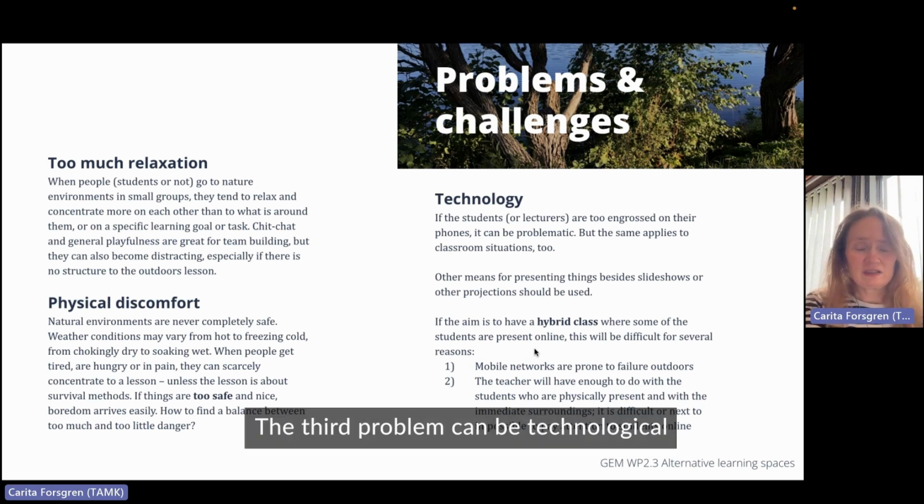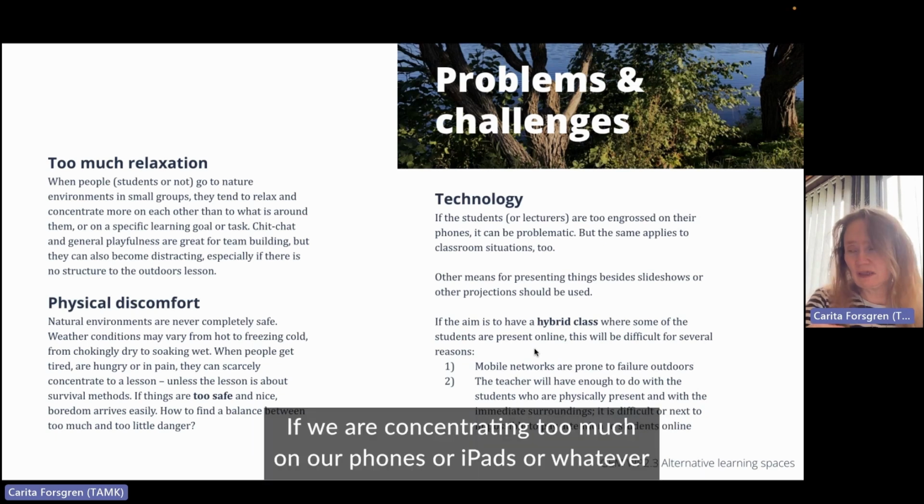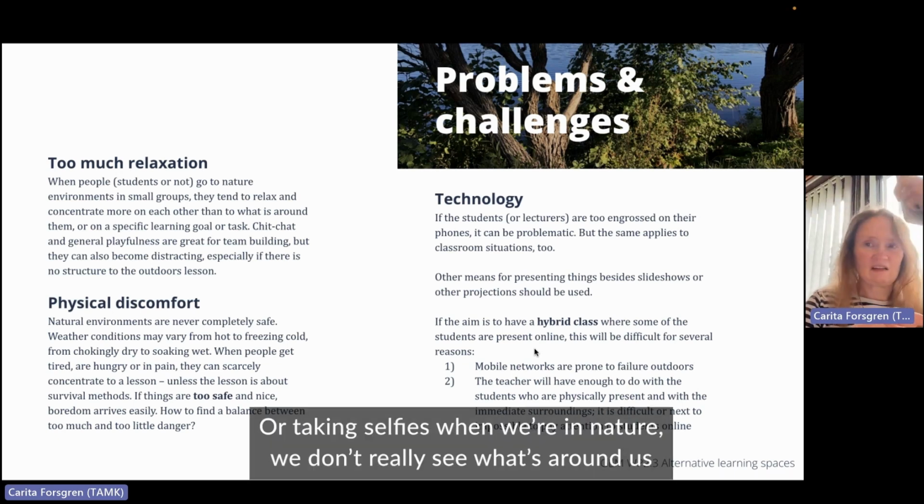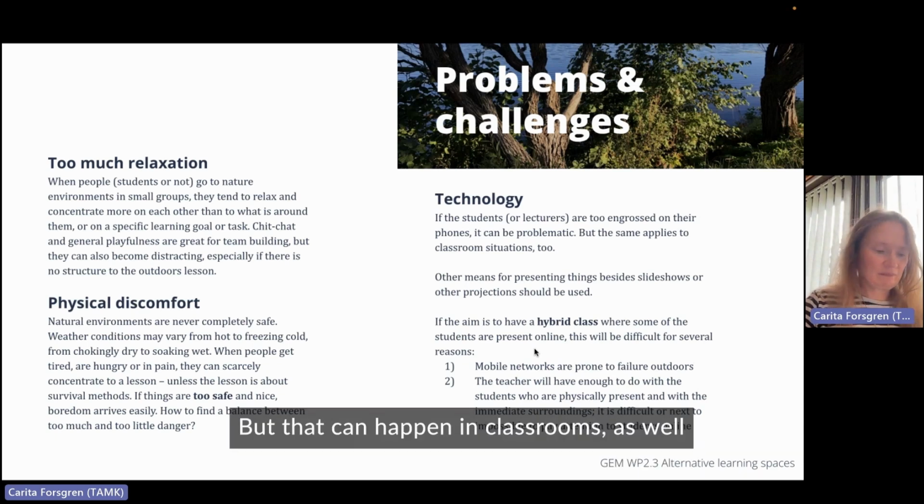And then the third problem can be technological, like if we are concentrating too much on our phones or iPads or whatever, or taking selfies while we are in nature, then we don't actually see what's around us. But yeah, that can happen in classrooms as well.